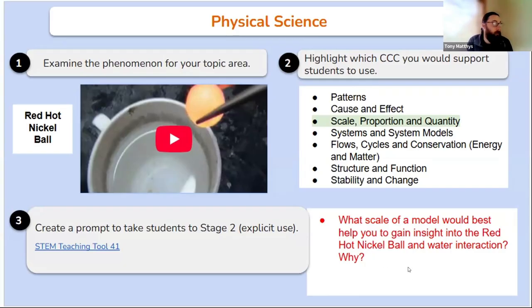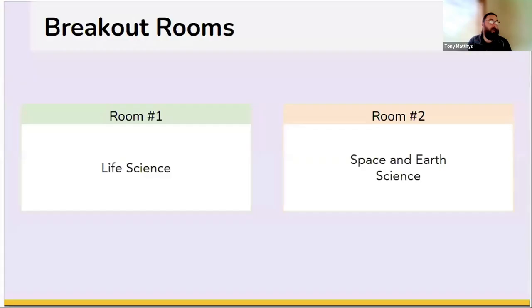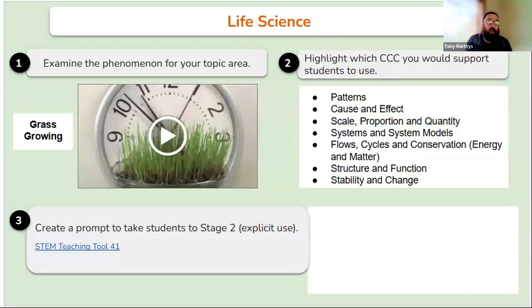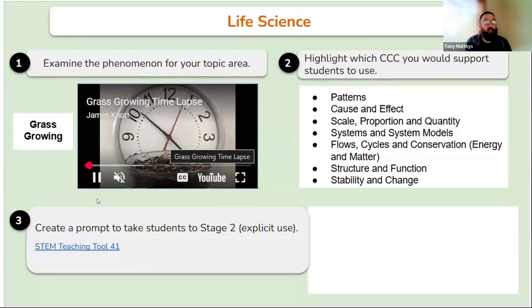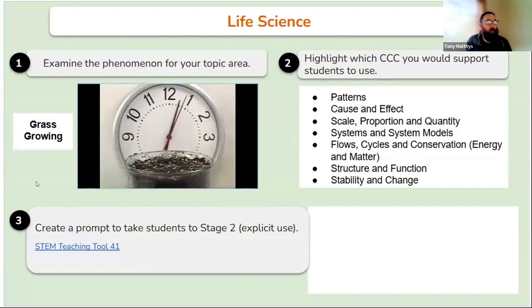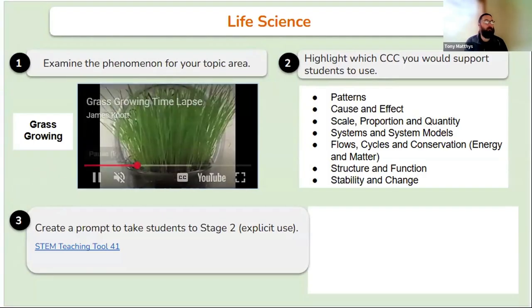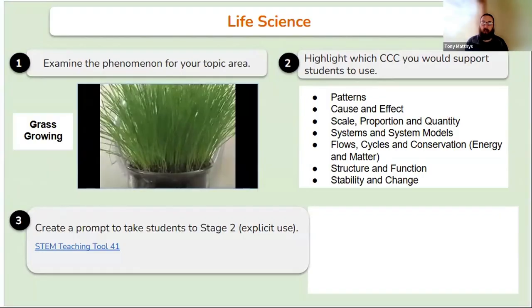So for the breakout rooms, we have 2 different phenomena, one life science, one space and earth. The life science one is grass growing. So a time lapse of grass growing. We have some grass seeds, and you'll see over time they turn into grass. We're literally watching grass grow.